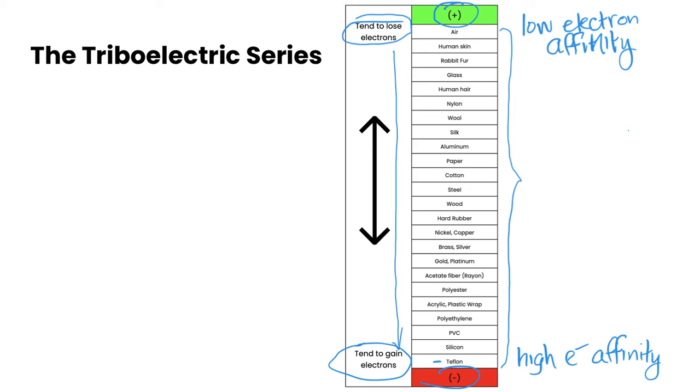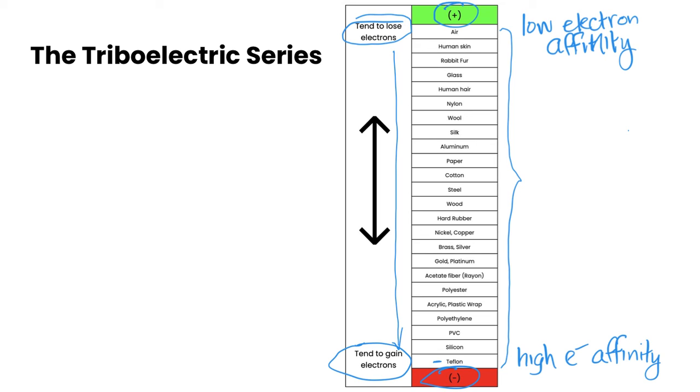These are the ones that tend to take a negative charge. So you can compare two objects together to see which one is on the side with low electron affinity, or is going to be your positively charged object, and which one's going to be on the other side and going to take on the negative charge.